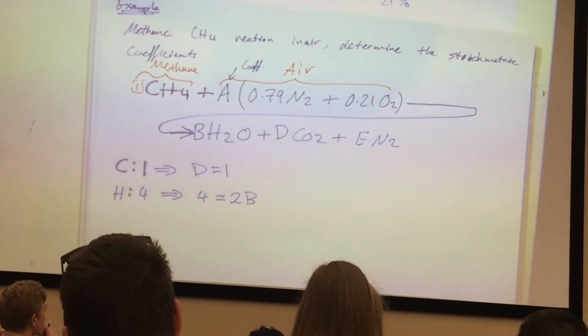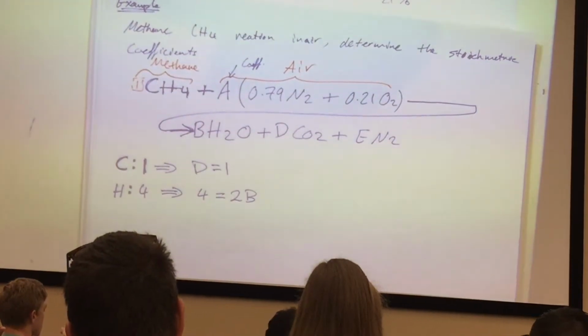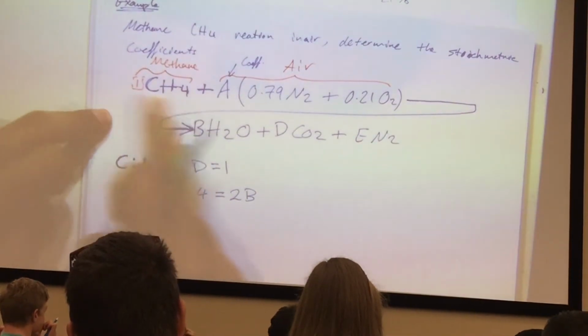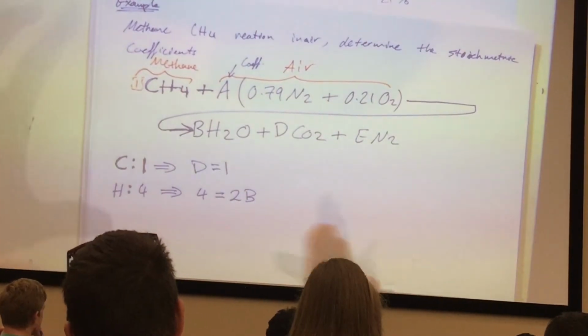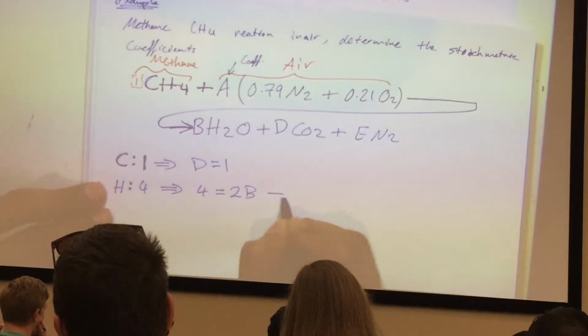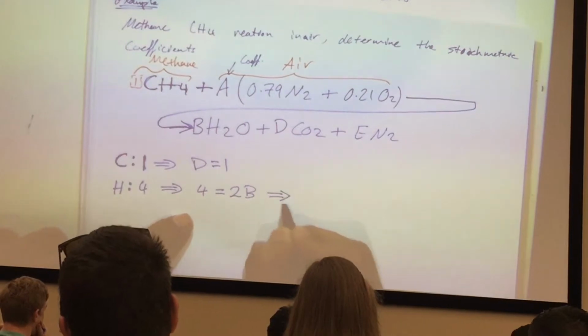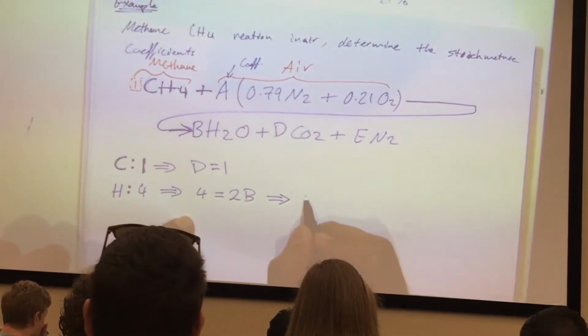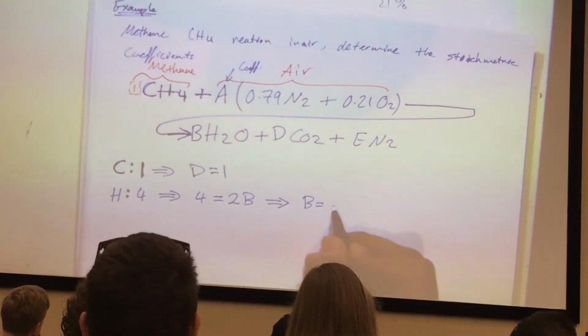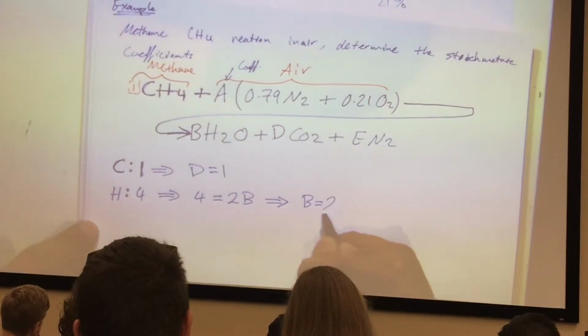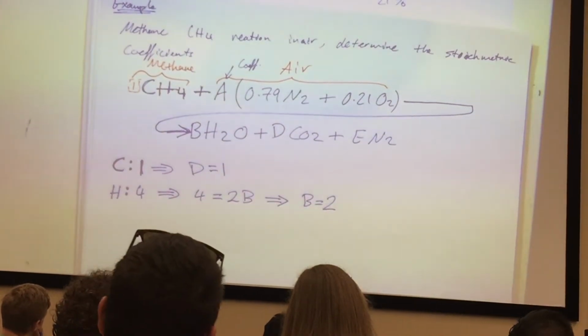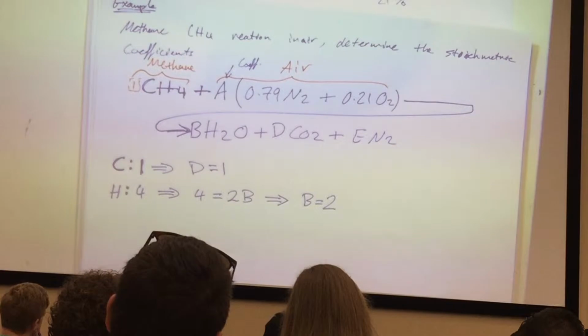Start doing octanes or jet fuels, you will get different carbons and hydrogens, and you're going to get different numbers. So right now it's clearer, but it's easier. Write the equation first, and then figure out what B is equal to. So based on this, B is equal to 2.